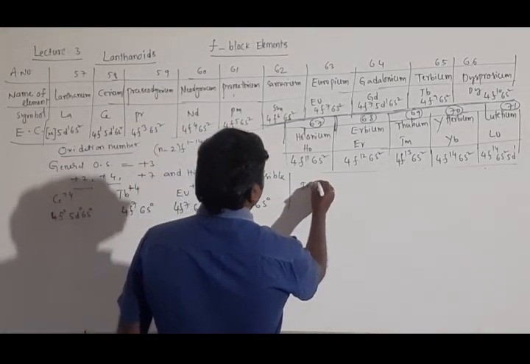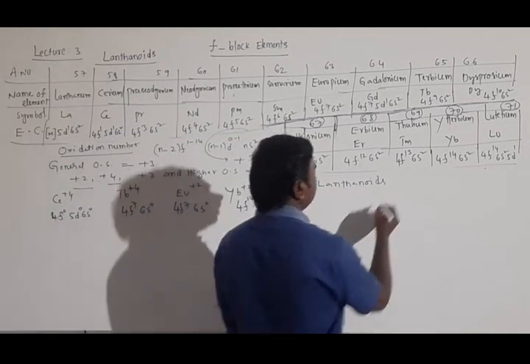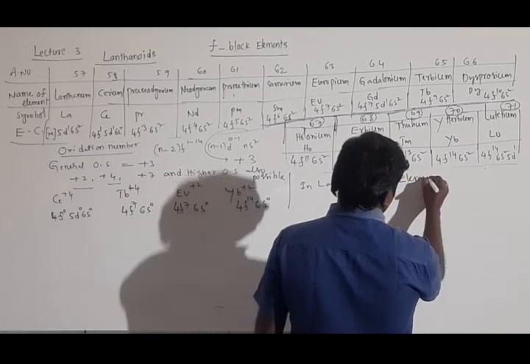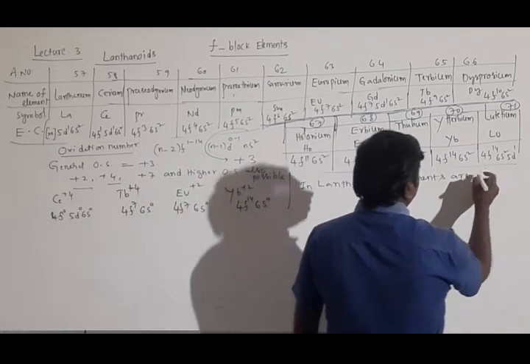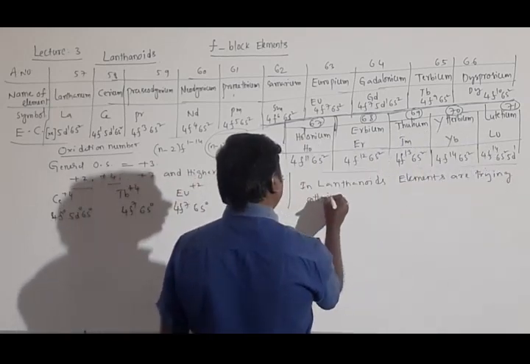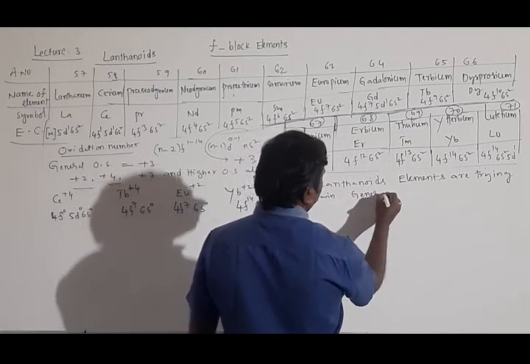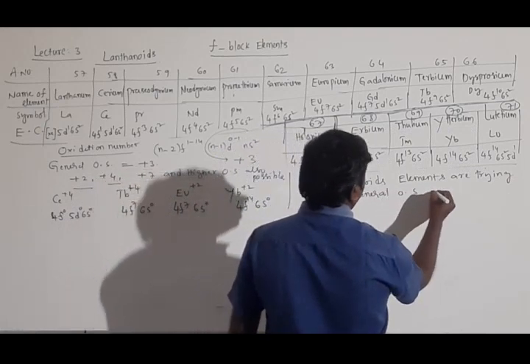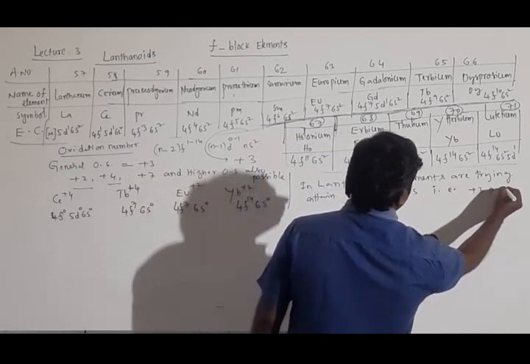So, in lanthanoids there is a unique character. Elements are trying to attain the general oxidation state, that is plus 3 oxidation state.